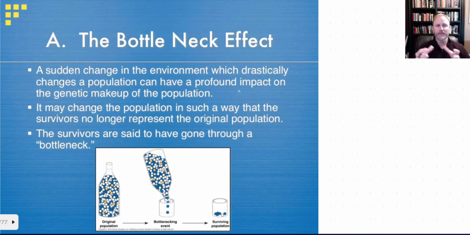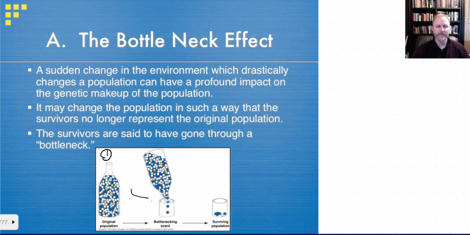What happens when you have a sudden change in the environment is the survivors sometimes pass through what's known as a bottleneck, and they don't represent the population as a whole. So if you have your ancestral population right here, you can see that there's a pretty equal mix of blue and white, and then you've got some yellow sprinkled in.